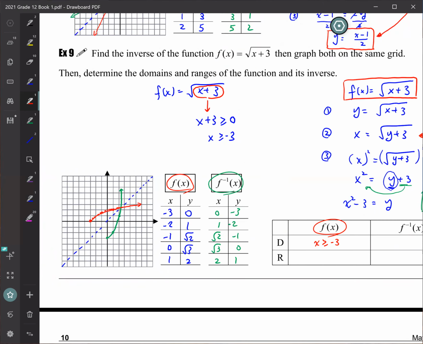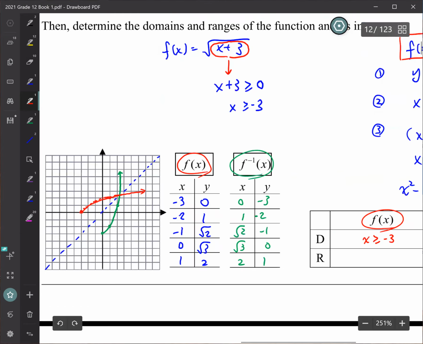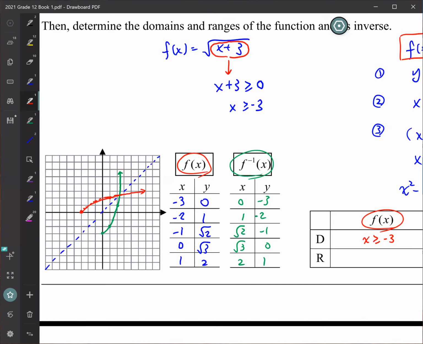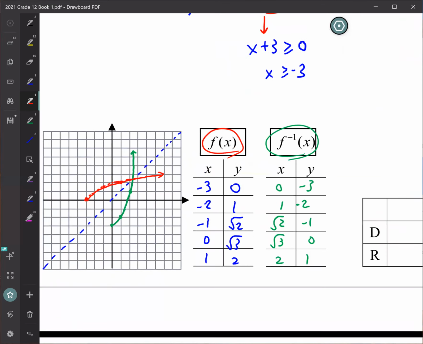How do you know it's -3? Because it's like X -3. Okay, if you look at the graph, where is the beginning of the original graph? Can you circle it on the screen? Where is the beginning place of the red graph? Here. Okay, what's the coordinate for that point? X is -3, Y is 0.